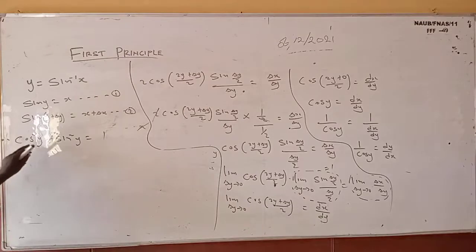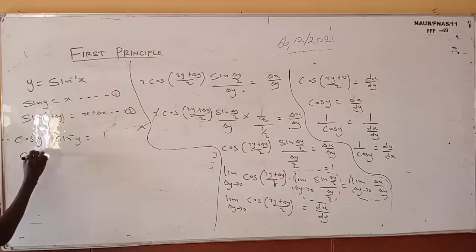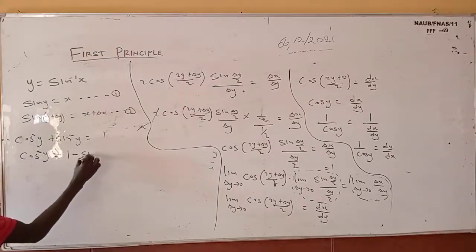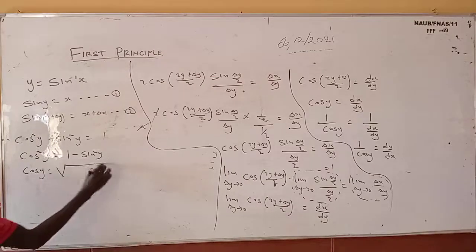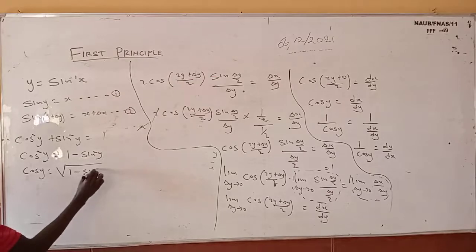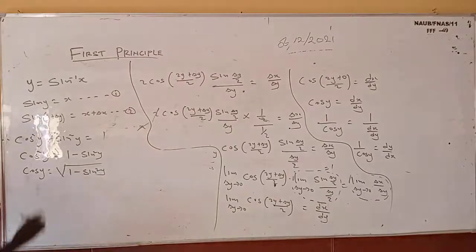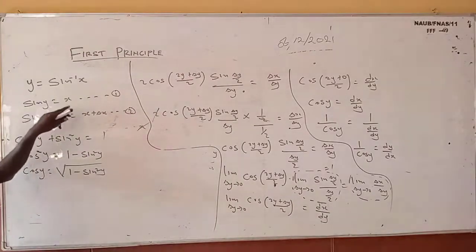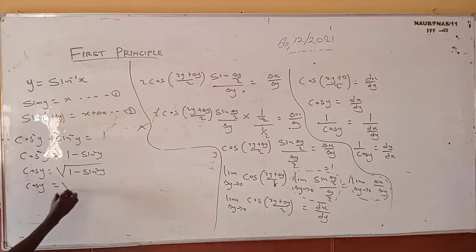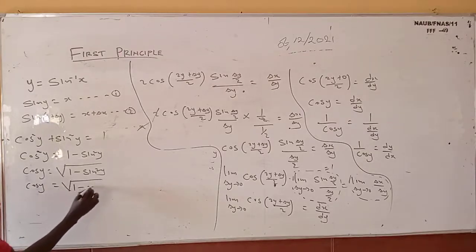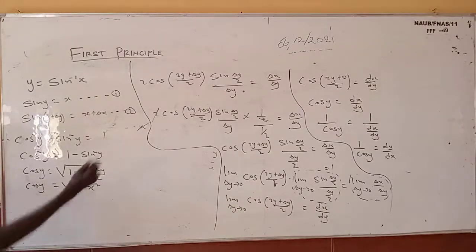So now, can I make cos y the subject? Yes, I can. So I will say cos squared y is equal to 1 minus sine squared y. So cos y now will be equal to the square root of 1 minus sine squared y. But sine y is equal to s. So if sine y is equal to s, sine squared y will be equal to s squared. So your cos y here is equal to the square root of 1 minus s squared. So can we return this back here?